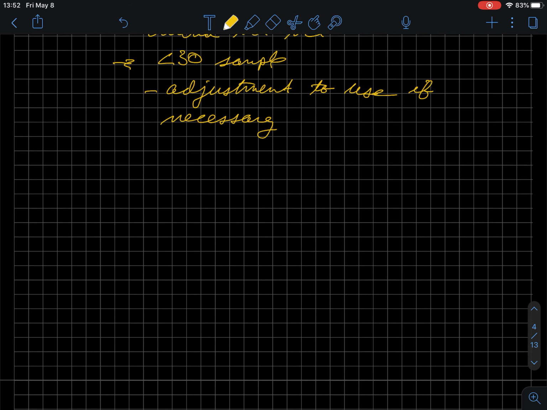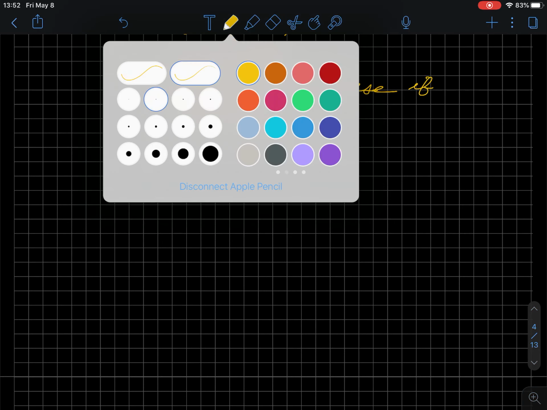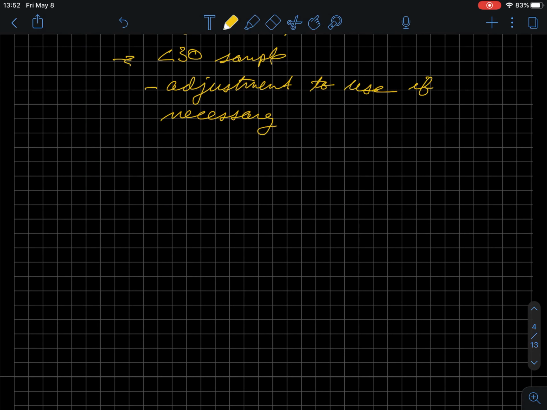Something else to consider is that we've been using 95% confidence for this interval, to say that we're pretty sure in the long run we'll have guessed it correctly.